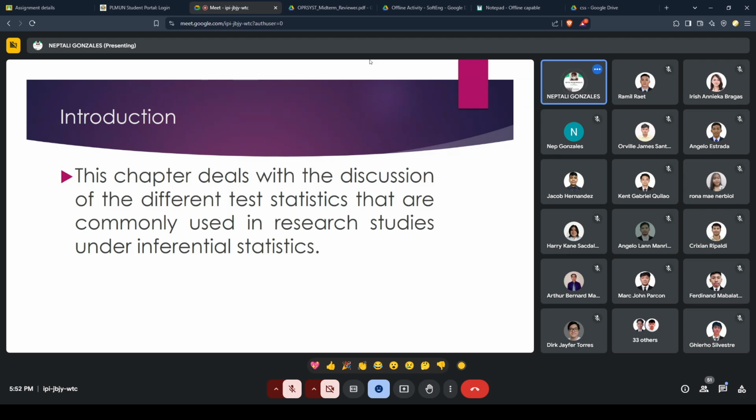Those are tools to help if a given examination, for example, the entrance examination of PL-MOON, is a reliable one. You are going to use Cronbach's alpha. And if you want to know the validity, some may use the Kruskal-Wallis. I will not discuss that because that is not a common usage in research studies, but we will only discuss those commonly used in research studies.